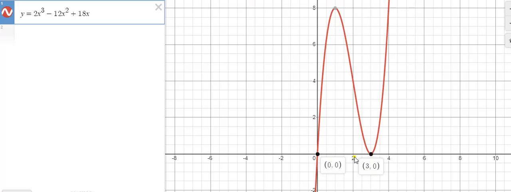Graphically, these are the x-intercepts of the polynomial. So you could say that the solution to the polynomial is the same thing as the x values of the x-intercepts. And sometimes we call these zeros of polynomial functions.